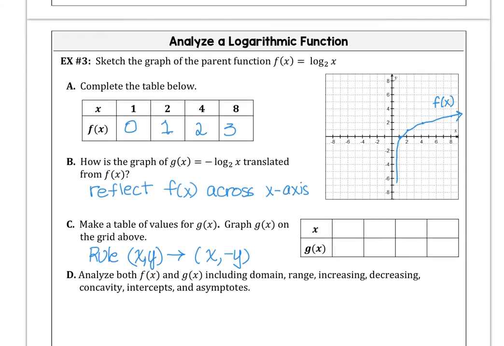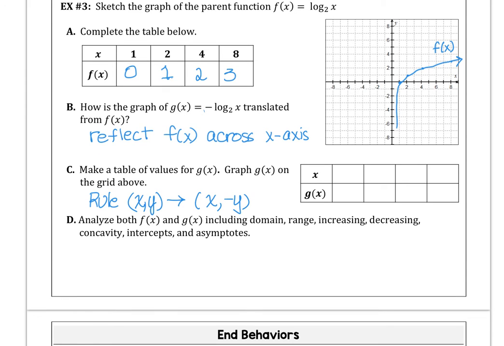That's going to make our table look a little bit different. So the g of x table, using the same x values 1, 2, 4, and 8, we want the opposite of 0, that's still 0, the opposite of 1, the opposite of 2, and the opposite of 3. And that's going to cause our graph to go as a decreasing graph, g of x in green.